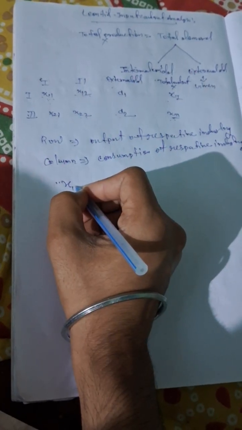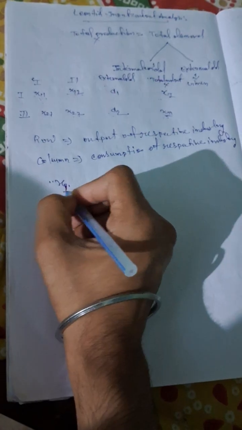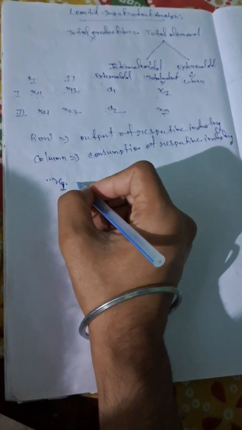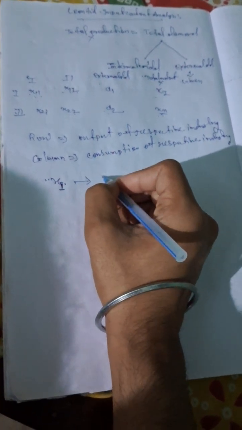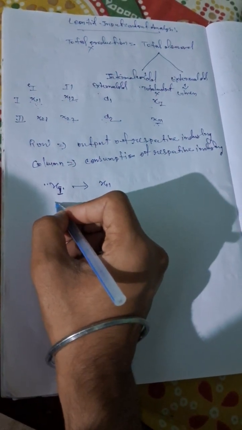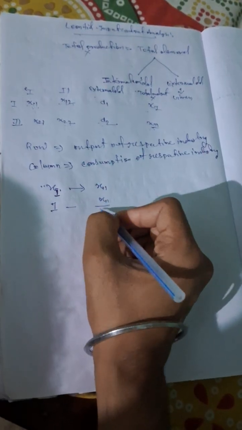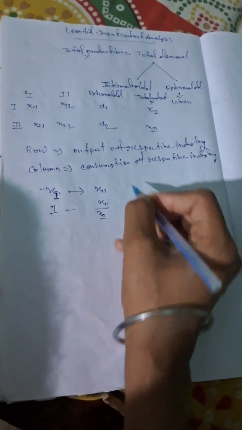In order to produce X1 total output, we need X11 output. In order to produce one unit of output, it should be divided by X1.